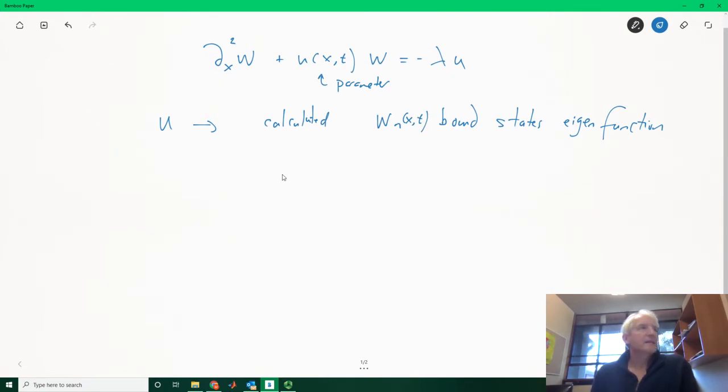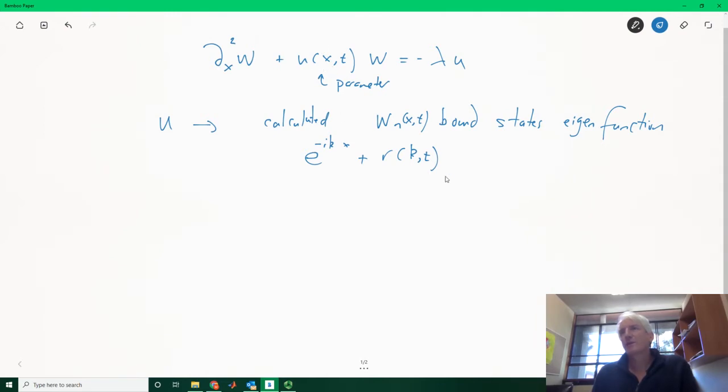And then the other scattering data we calculated was this thing here, where it was e to the ik x, minus ikx plus some reflection coefficient, which is also going to depend now on time, not on x, because u goes to 0 as x goes to plus and minus infinity.